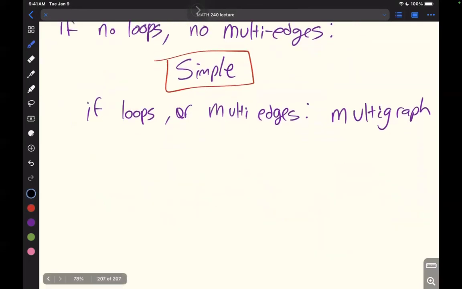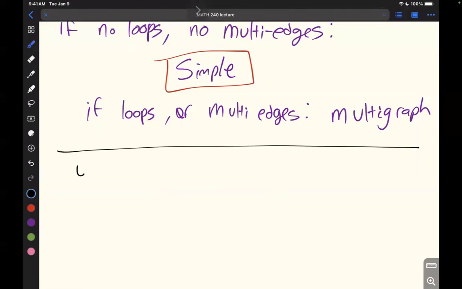Okay. So the next definition is, let's say we have two vertices, U and V, both in our vertex set of G. Sometimes we say V(G) to say that we're looking at the vertex set of G. Sometimes we just say V because if we're only working with one graph, what other graph would we be talking about?